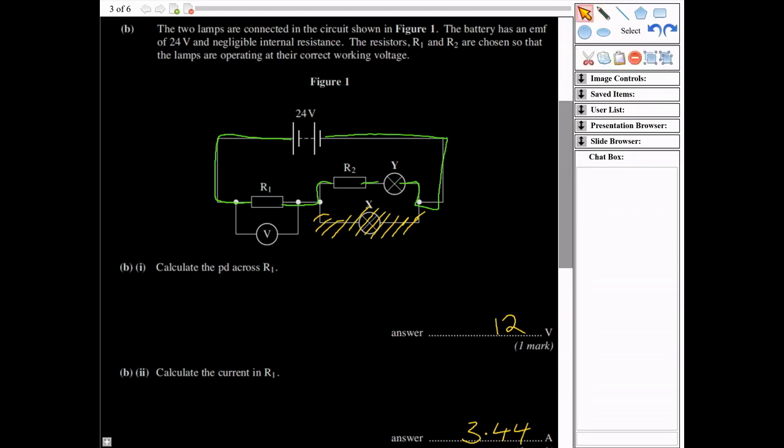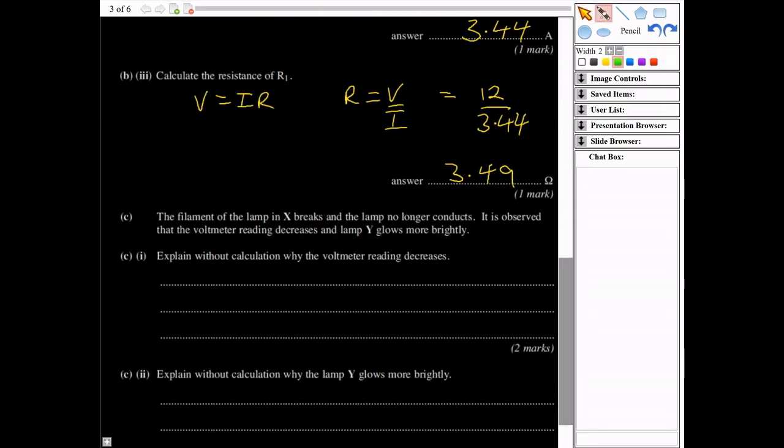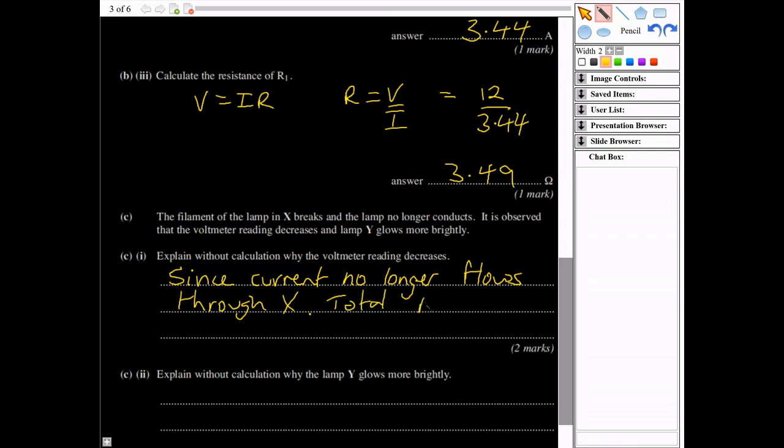Okay, since the filament in X is broken, what we've done is we've actually increased the resistance of the circuit because we've taken away an extra branch that the current could flow through. So because the current can no longer flow through X, the total resistance of the circuit is going to increase. So, since the current no longer flows through X, total resistance increases.